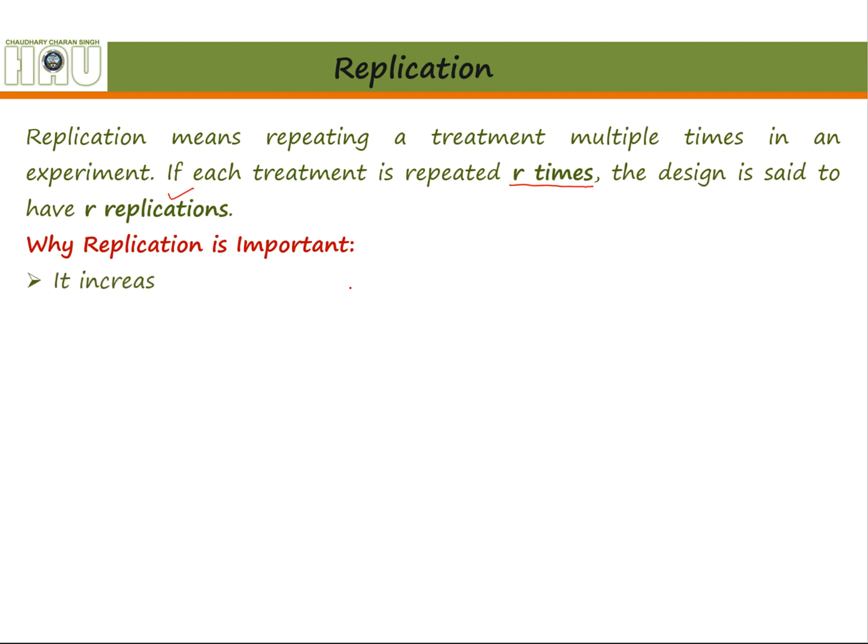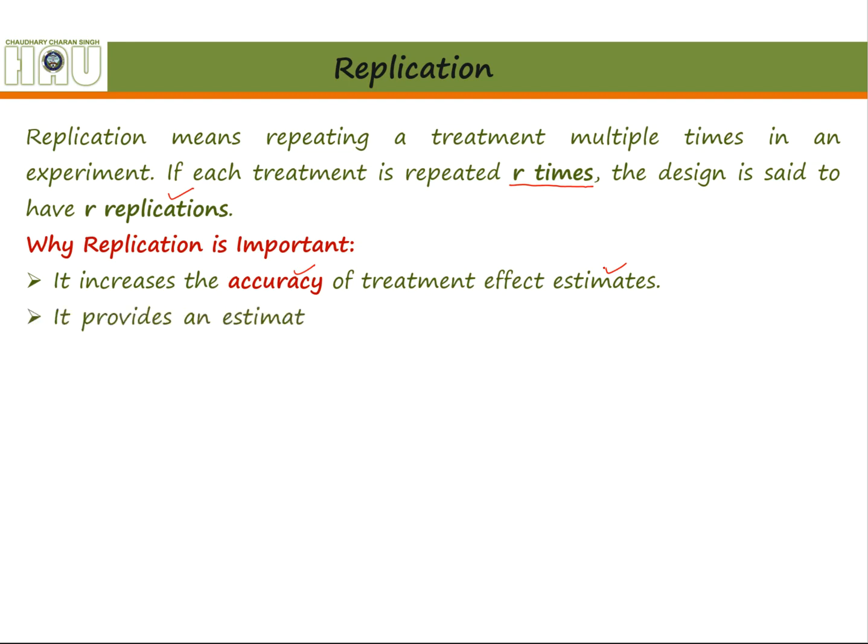Number one, it increases the accuracy of the experiment effect estimates. In order to estimate the effect of a treatment, if that treatment is replicated say R times, then of course compared to a single observation, by repeating the experiment R times, the estimate obtained from the R units is more reliable as compared to a single one.